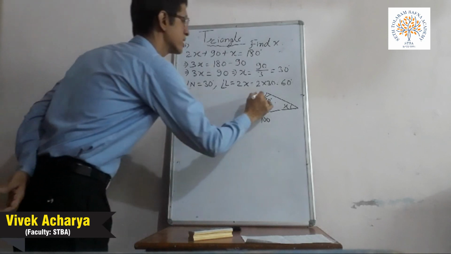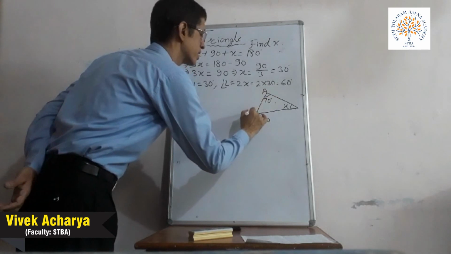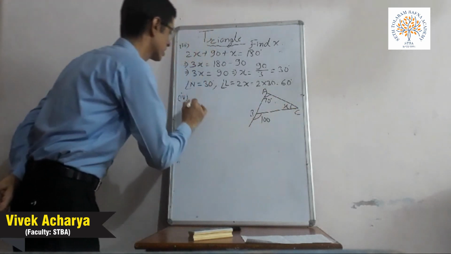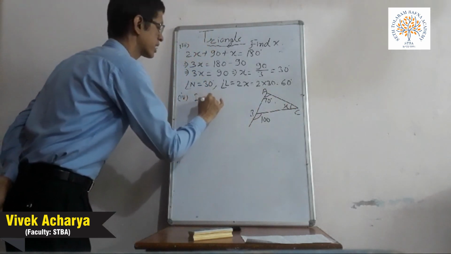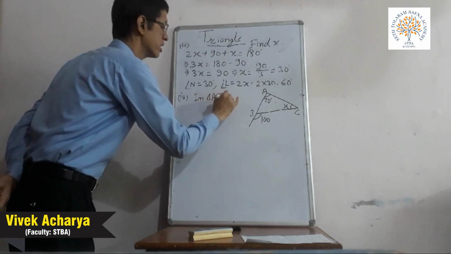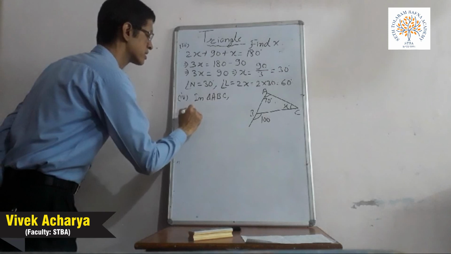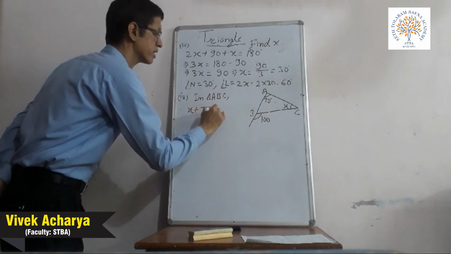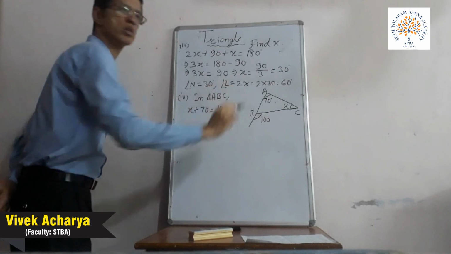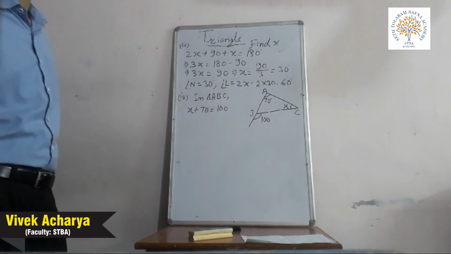So in triangle ABC, you can give any name to the triangle, it is X plus 70 equals 100 degrees.